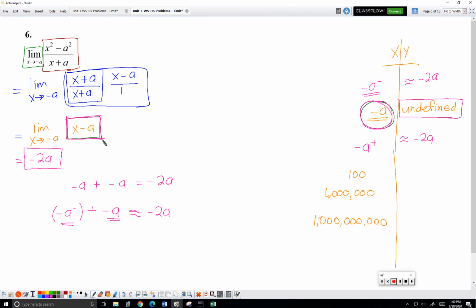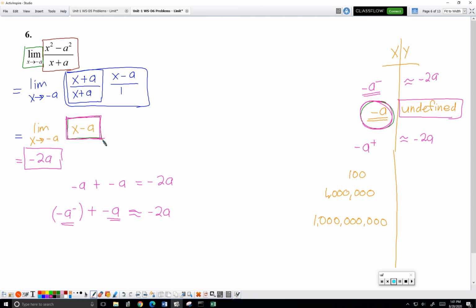Is it the red one? Tell me why. Because you need the x squared and the x, because as they get squared, they get bigger, but a stays the same because it's constant. You're doing okay. So you look at the two things they're adding, which is x squared minus a squared, and x squared is the bigger term.